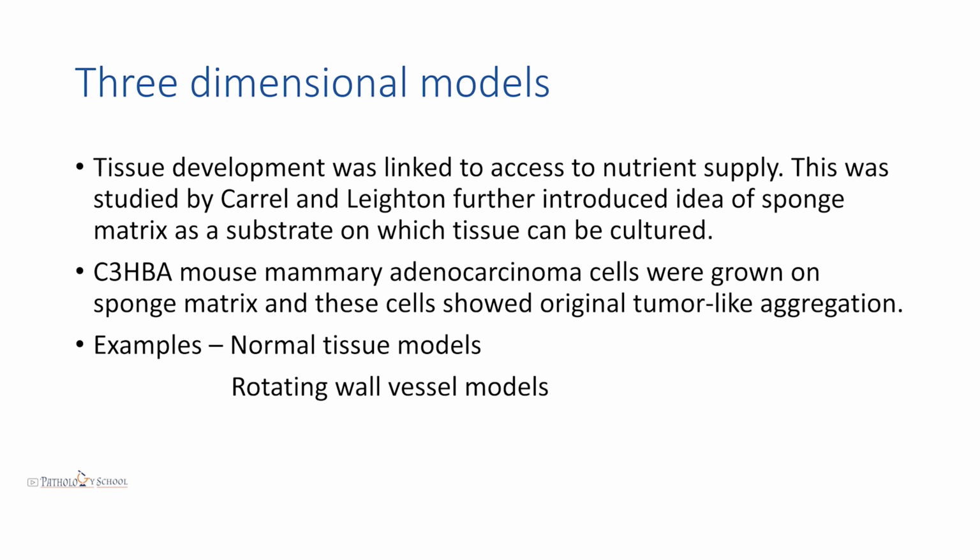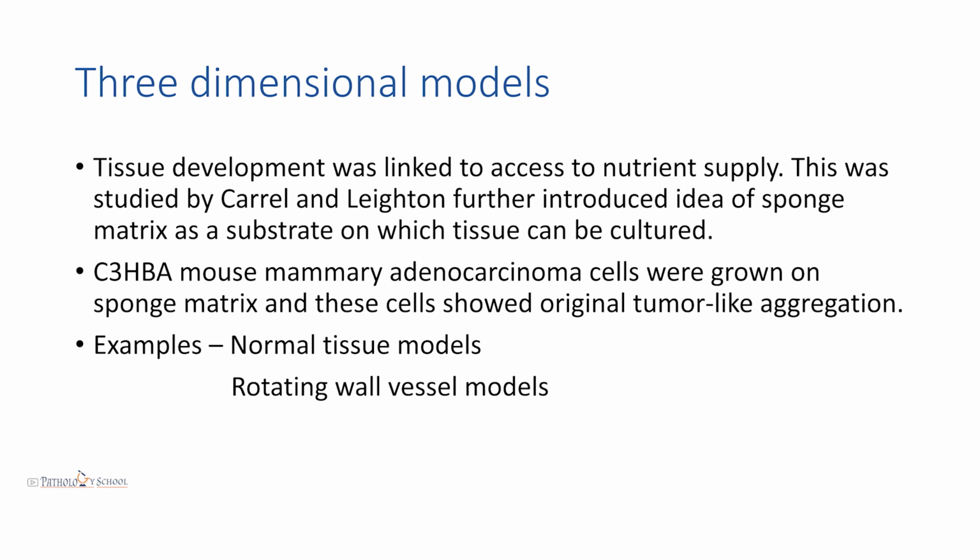Then three-dimensional models. Three-dimensional models can be divided into normal tissue models and rotating vessel wall models. So the rotating vessel wall model is nothing but the tissues are placed in a rotating vessel wall and they are agitated. Because of the agitation, they aggregate and they become three-dimensional.